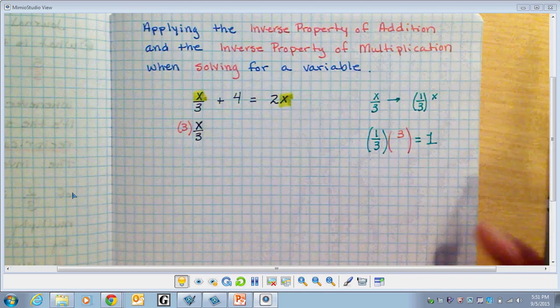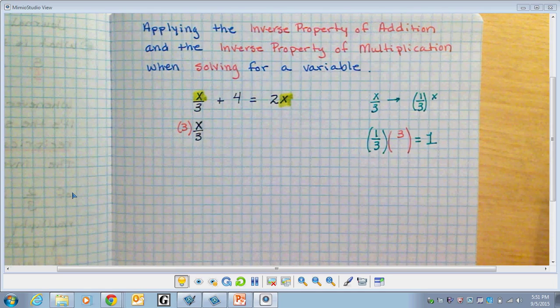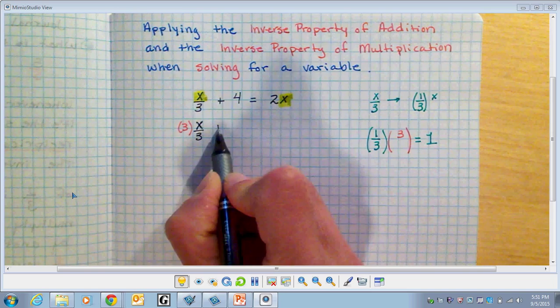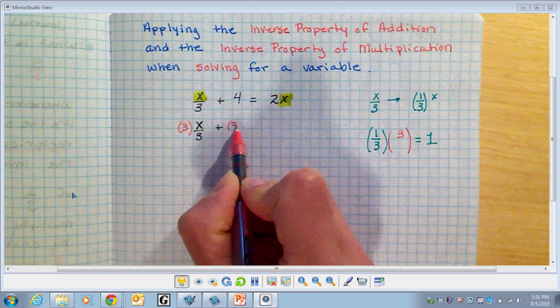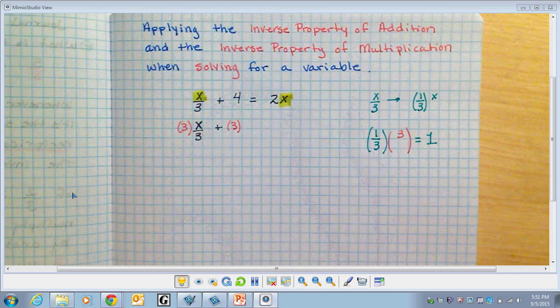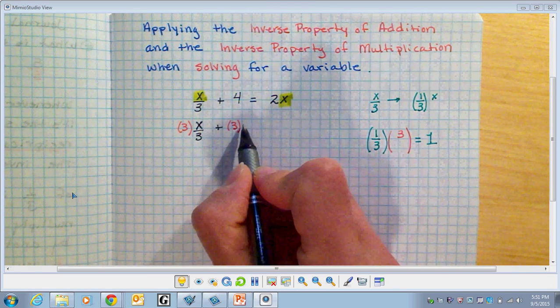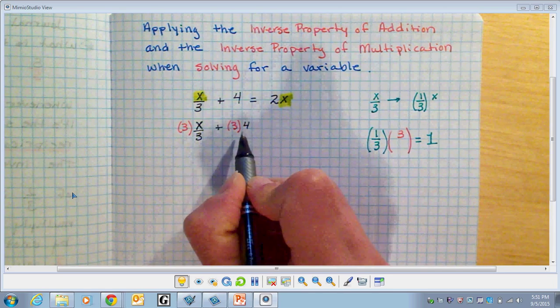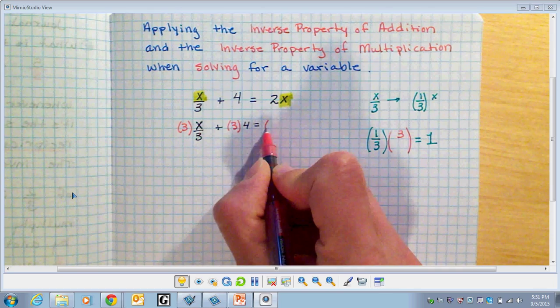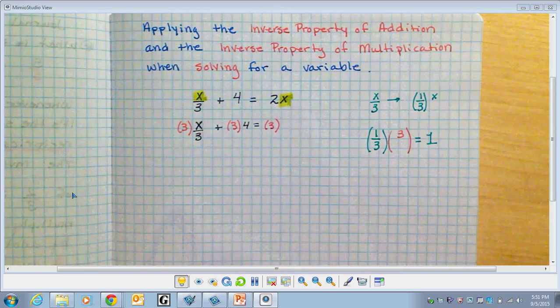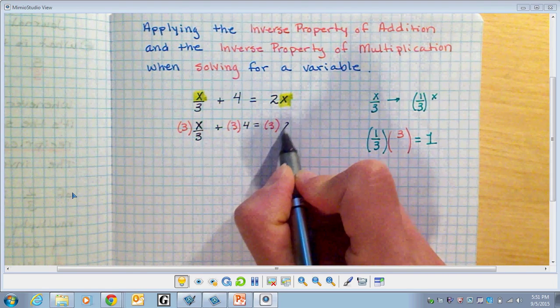If I want 2 cakes, I have to double my recipe. I have to double everything in my recipe, which means that I also have to multiply my 4 by 3, because if I'm tripling this, I have to triple the other side, so everything stays balanced.